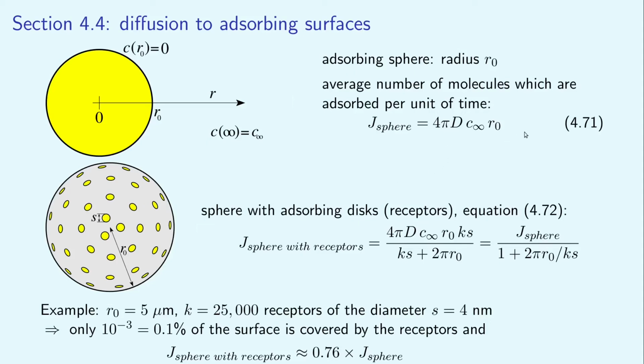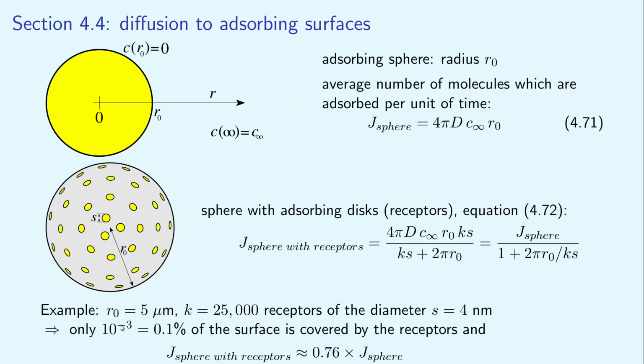Then formula 4.71 is modified by dividing it by 1 plus 2 pi r0 divided by ks, where s is the diameter of these disks and k is the number of them on the surface.